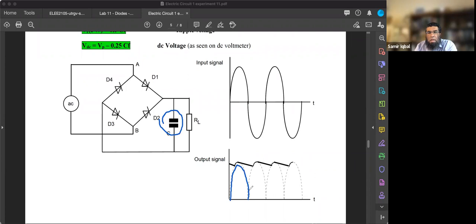It would have gone down and come up and gone down if we did not have a capacitor. But having the capacitor, what happened? When it was going down, the capacitor picked up and started giving out the signal. Same case here, the capacitor picked up. So what you get is, again, this ripple signal on the output.